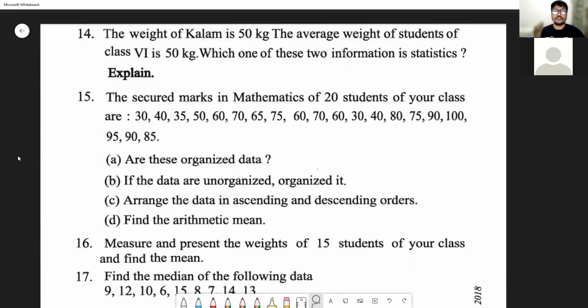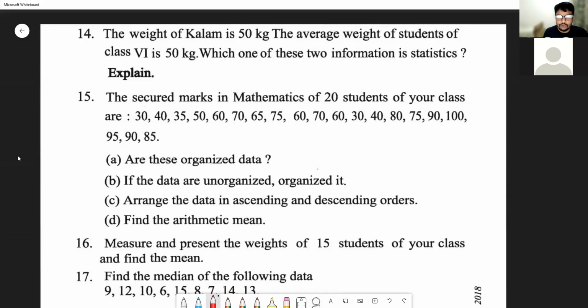That means the score or secured marks in the math test. So the math test of how many students? Among 20 students, yes, the scores of 20 students are given here. Now, their average math test score. Okay, first count here if 20 is okay or not. 1, 2, 3, 4, 5, 6, 7, 8, 9, 10, 11, 12, 13, 14, 15, 16, 17, 18, 19, 20.